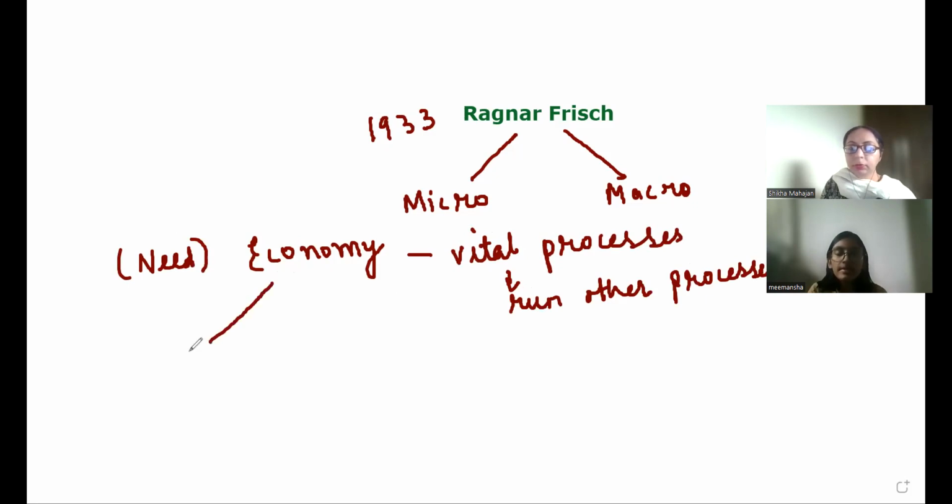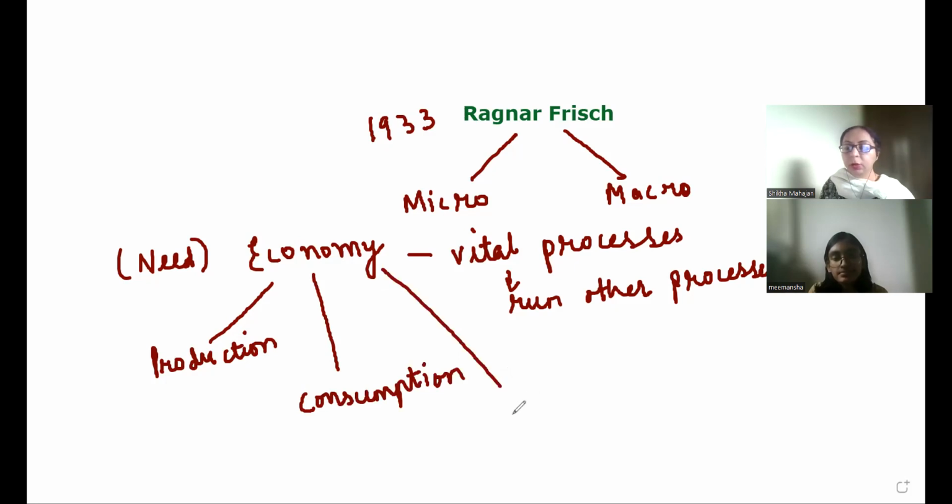Like education, production, consumption, investment. I'm just giving you a gist and then we will be reading the chapter. Investment is also called capital formation.